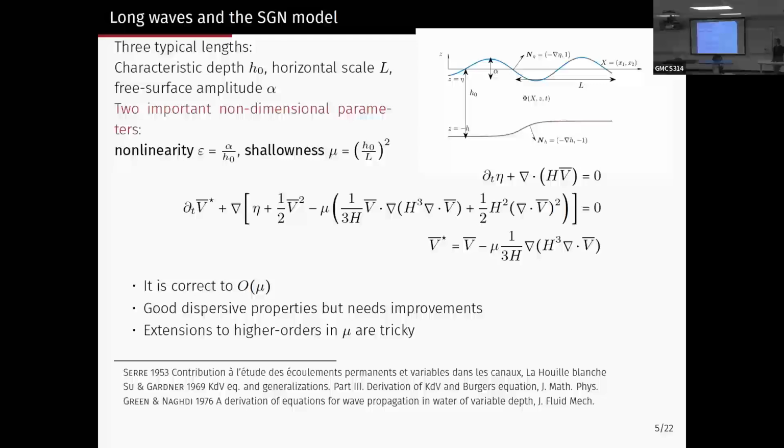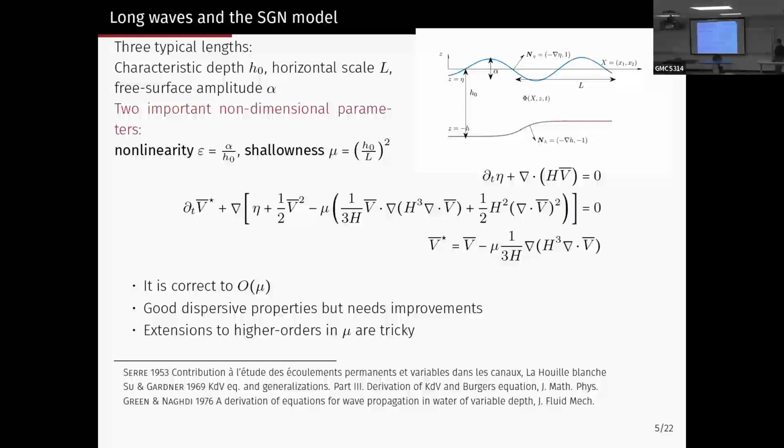It has good dispersive properties, but sometimes it needs improvement because when you have complicated wave dynamics, you may start with a mu which is small, but during the evolution through wave-wave or wave-bottom interactions, that could change. But it has a problem.